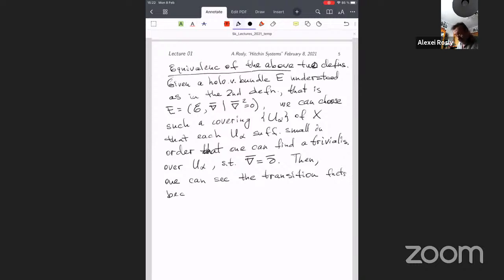When we change the trivialization, in particular, we choose it to fulfill this equality.